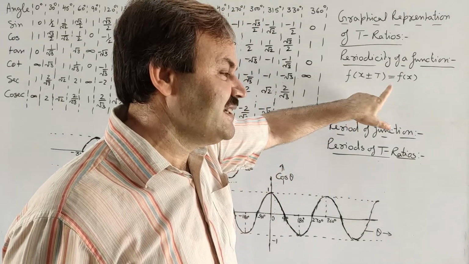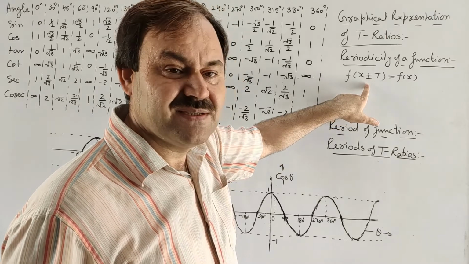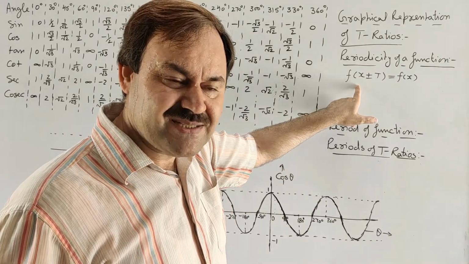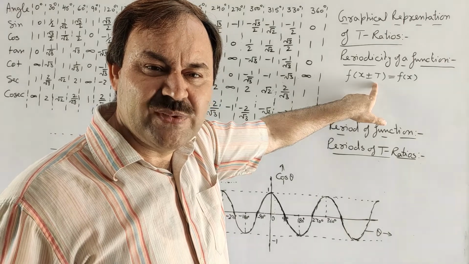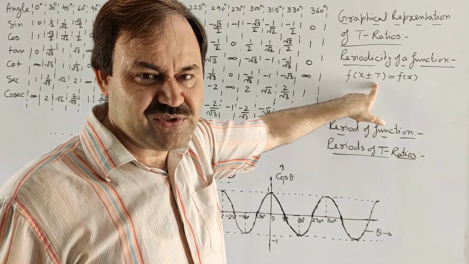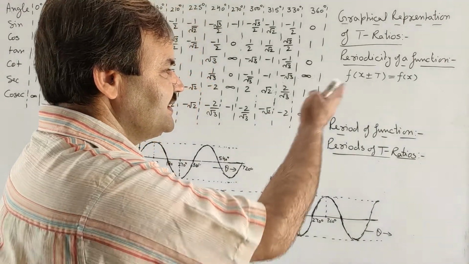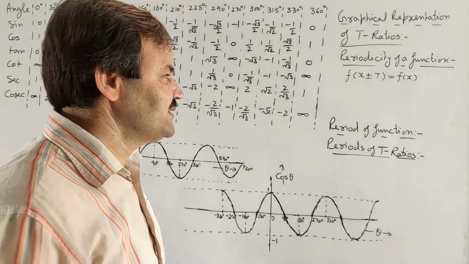Since function is repeating its value after every change t in x, so t is said to be the period of the function, while the function is said to be periodic function.